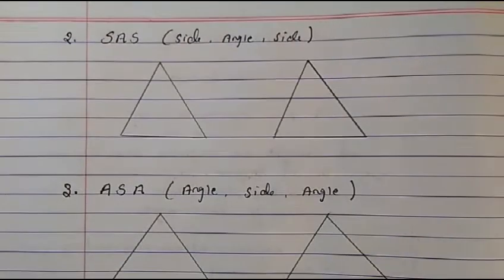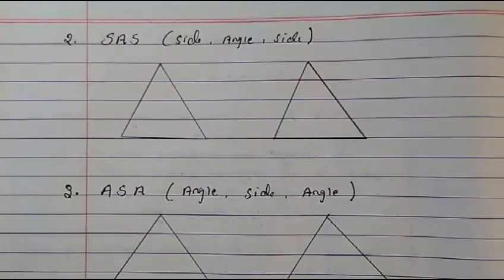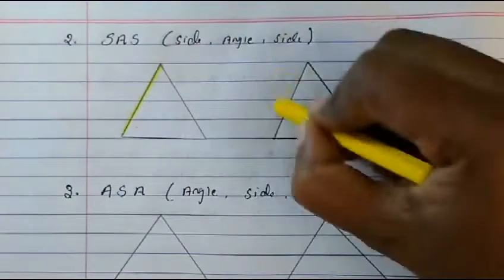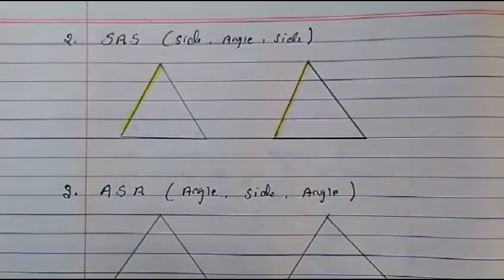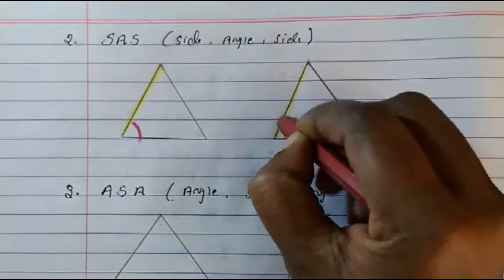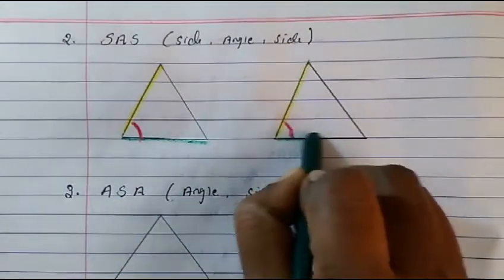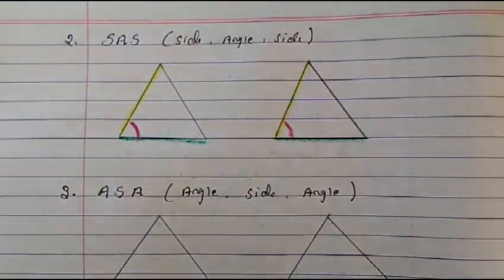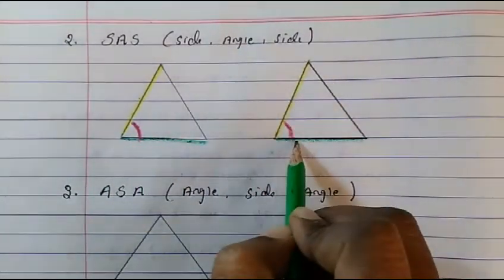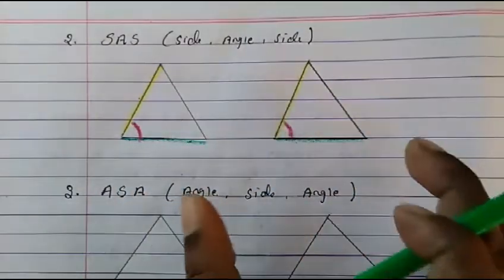Now the second condition is side, angle, side. If you find two triangles where a side of this triangle and a side of that triangle are the same, then the angle is the same, and then another side is the same. When this condition is fulfilled, we can say both triangles are same to same.